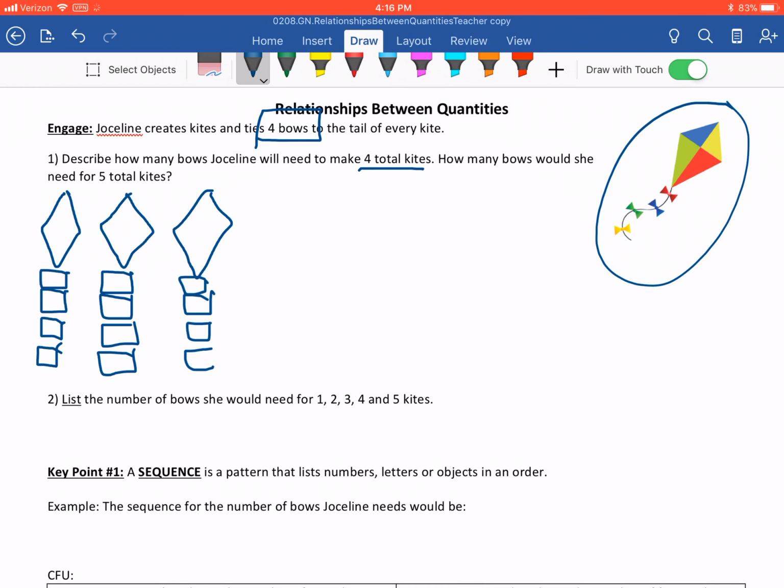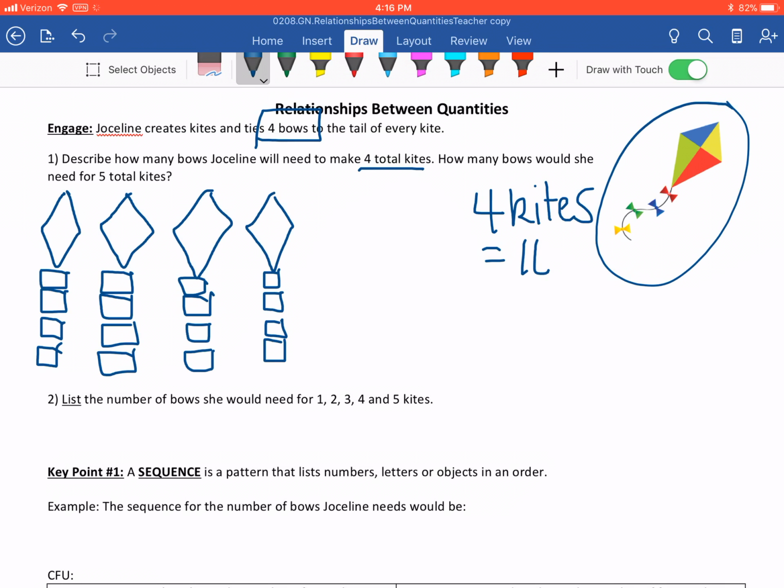My third kite, also with 4 bows. And my 4th one. So for 4 kites, I would need, this is 4, 8, 12, 16. 16 bows.